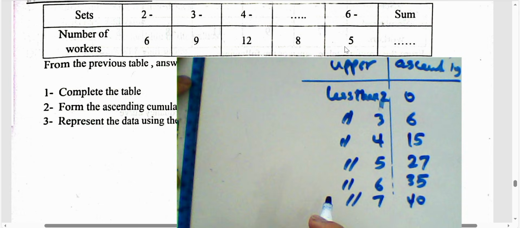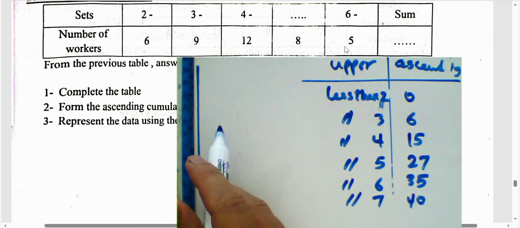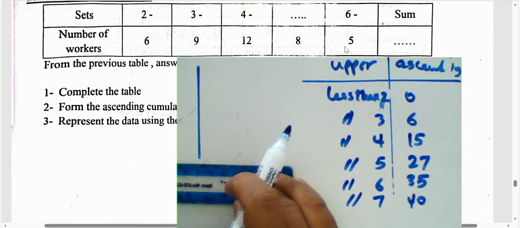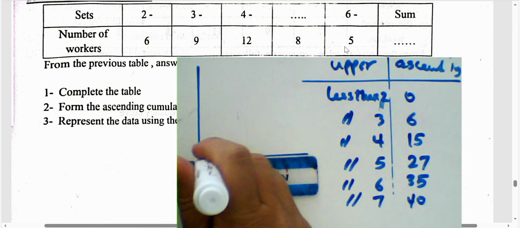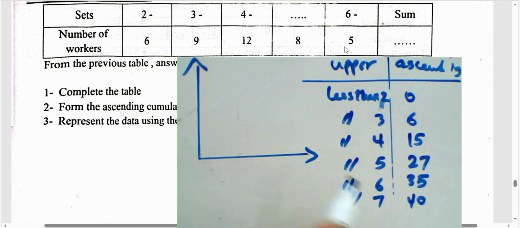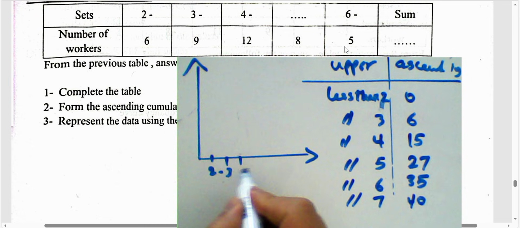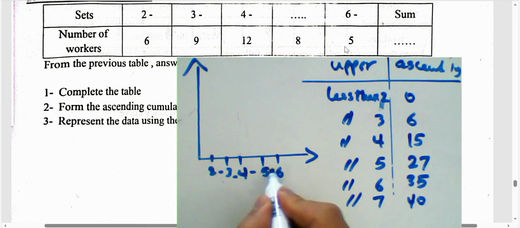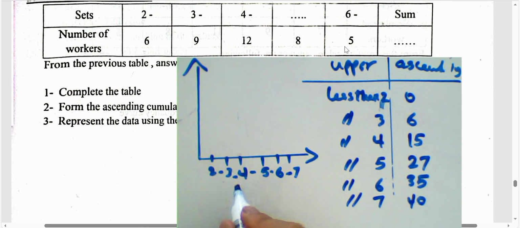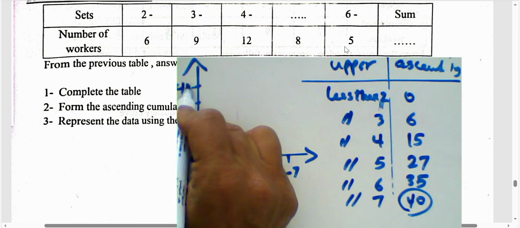Okay, and then draw vertical, like this. We have 2, 3, 4 intervals to 5 to 6 and 6 to 7. Right, 0, the greatest value 40: 0, 10, 20, 30 and 40.